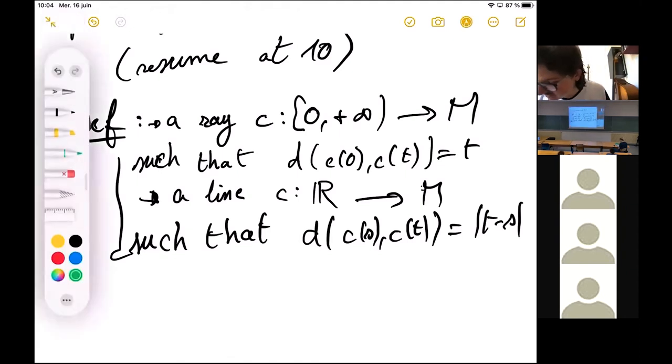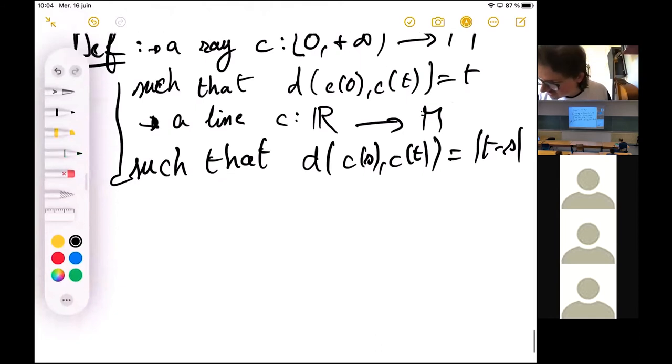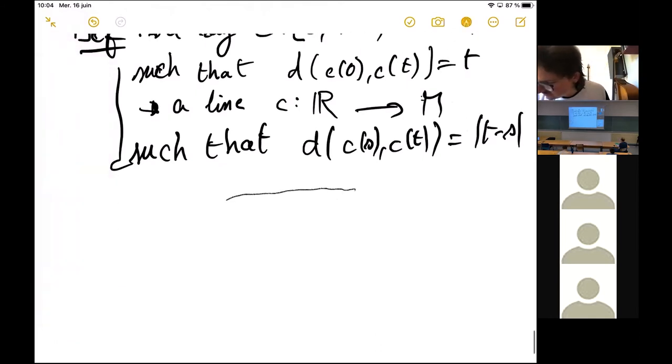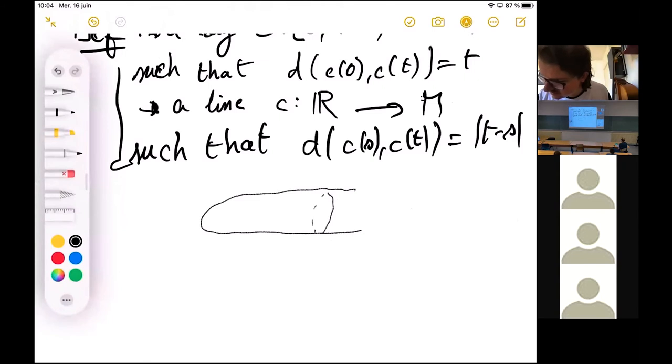The answer is no. How to see that? Well, consider some cylinder capped off at one end. Then if you start from the tip of this surface, this will be a ray, and this will be a ray too.